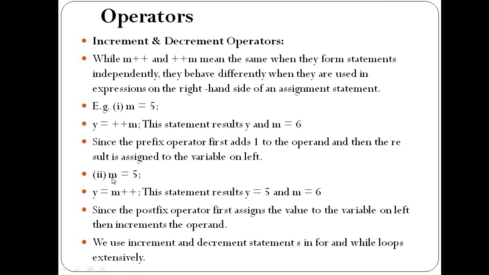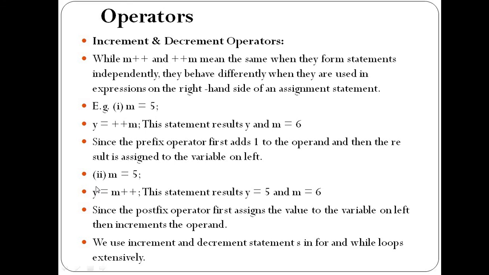So let us take a second example. Again m is initialized with 5. Now here I am writing the postfix operator: y = m++. So what is the statement's result? y is 5 but m is 6. Why? Because in postfix, first the value of m is assigned to the left hand side and then m is incremented by 1.